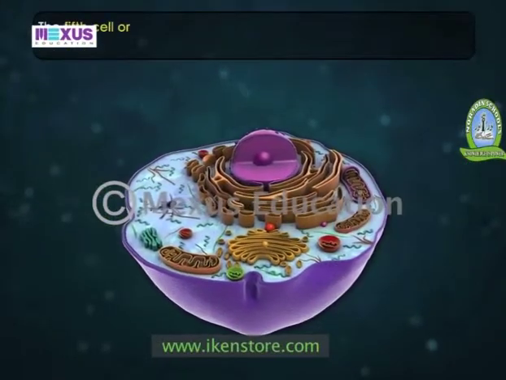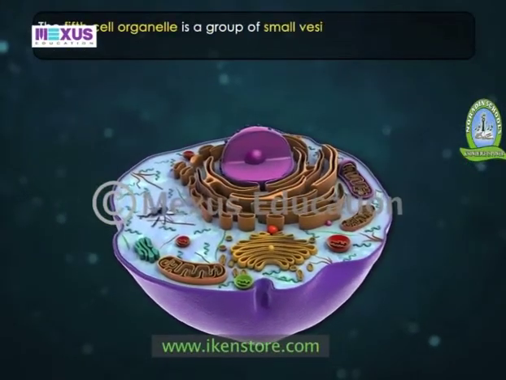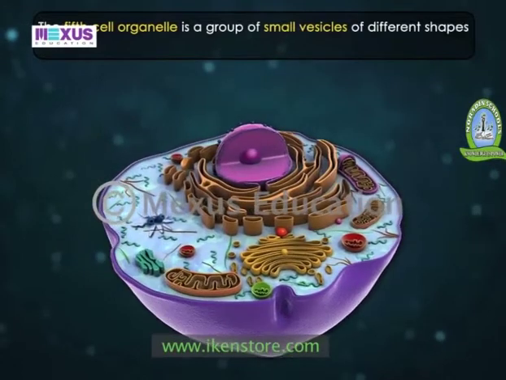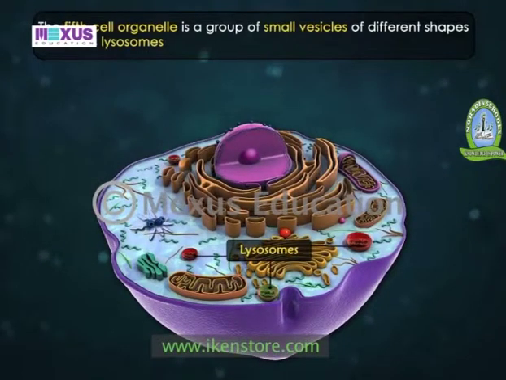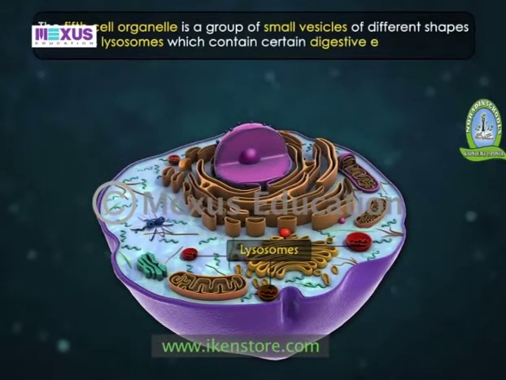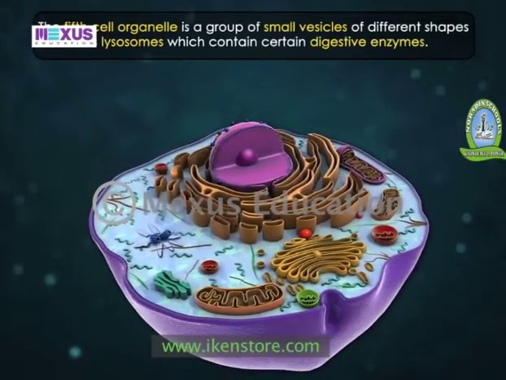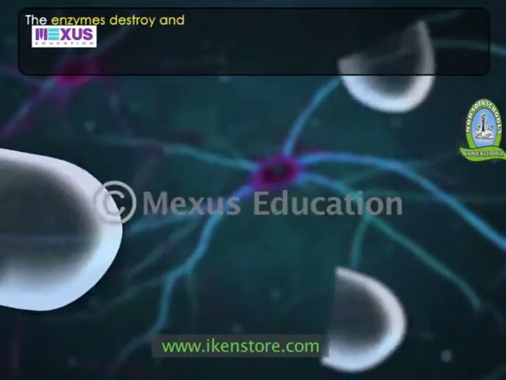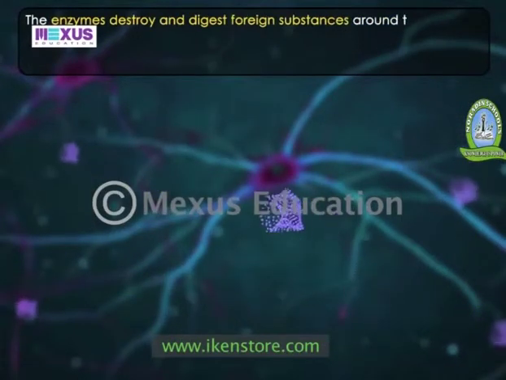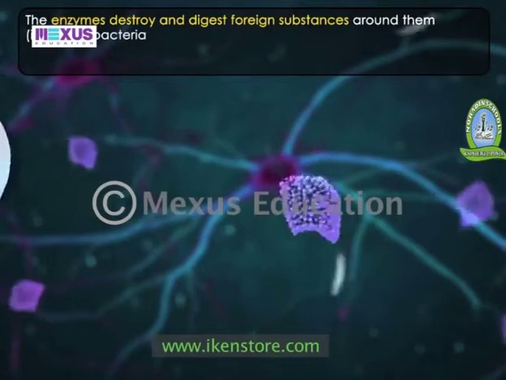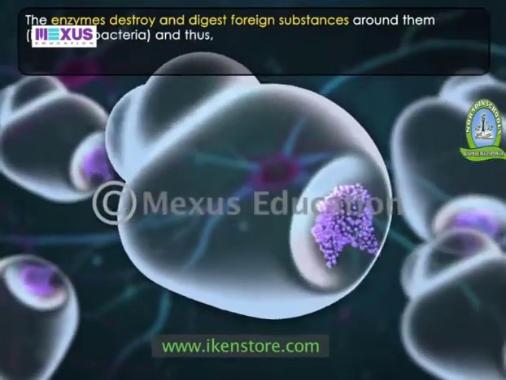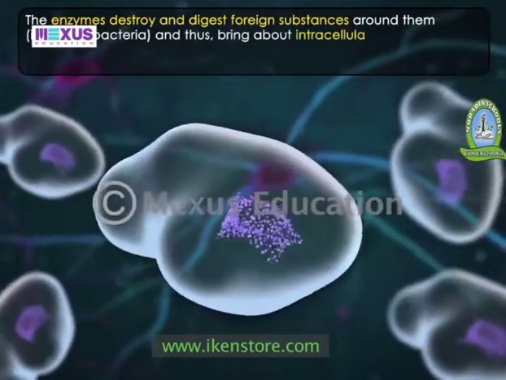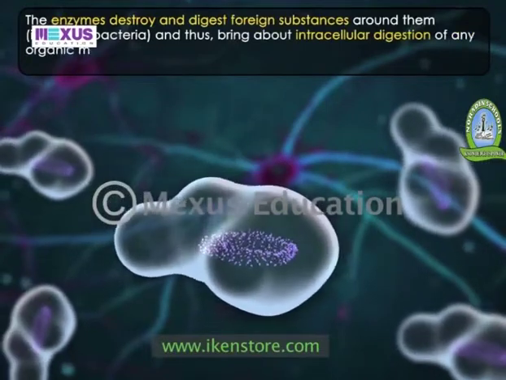The fifth cell organelle is a group of small vesicles of different shapes known as lysosomes, which contain certain digestive enzymes. The enzymes destroy and digest foreign substances around them, including bacteria, and thus bring about intracellular digestion of any organic matter.